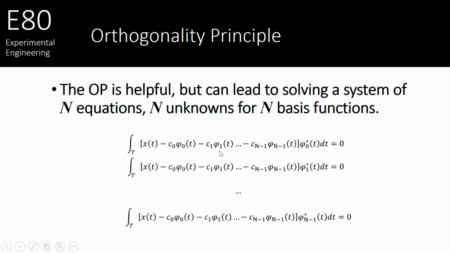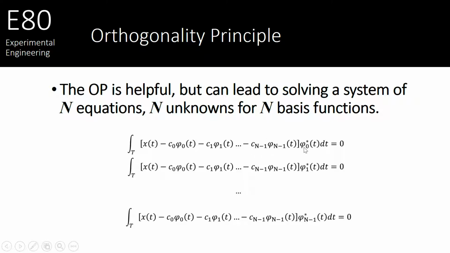Now, if two basis functions happen to be orthogonal, and you're integrating over time, the first basis function and the zeroth, or the complex conjugate of them, are going to end up with a 0 term. So this term multiplied by the complex conjugate of the 0 term, when integrated, should become 0.